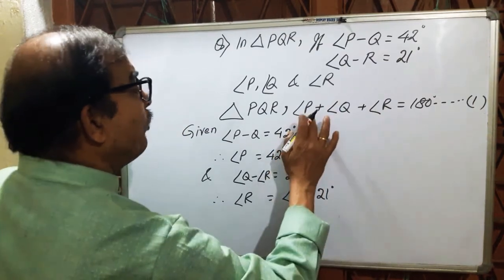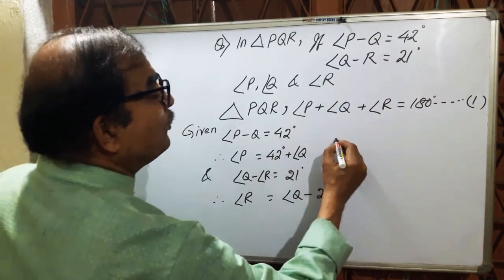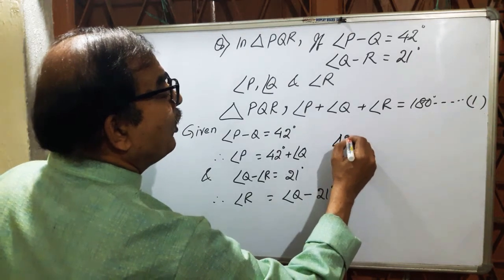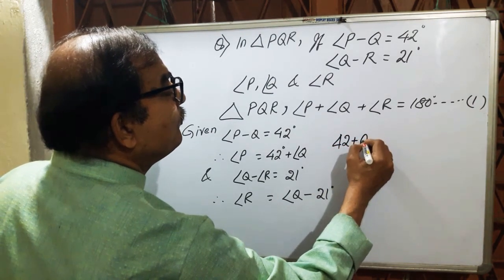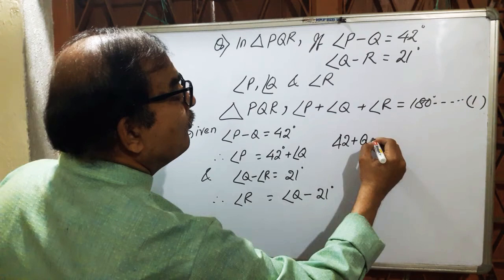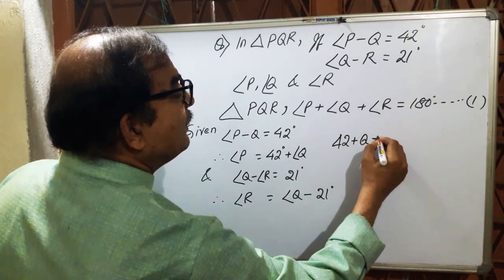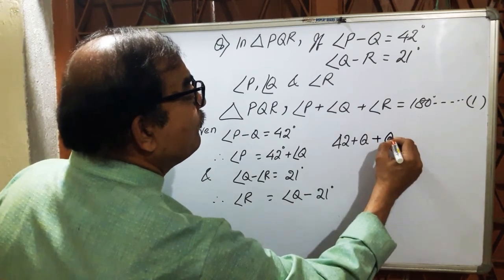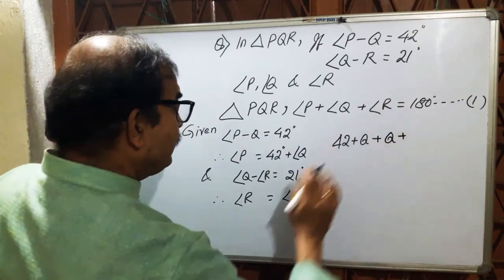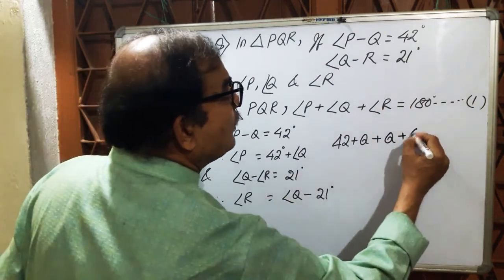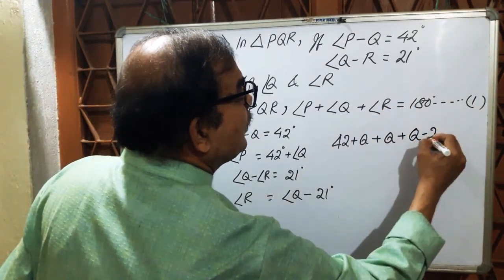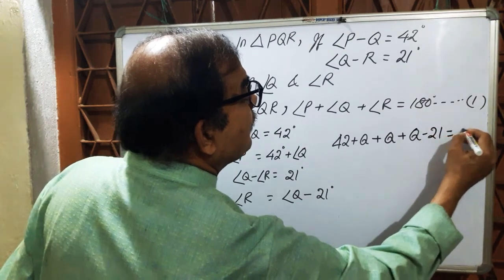For P you can write 42 plus Q. This is the first, and for angle R, Q minus 21. Q minus 21, that is equal to 180 degree.